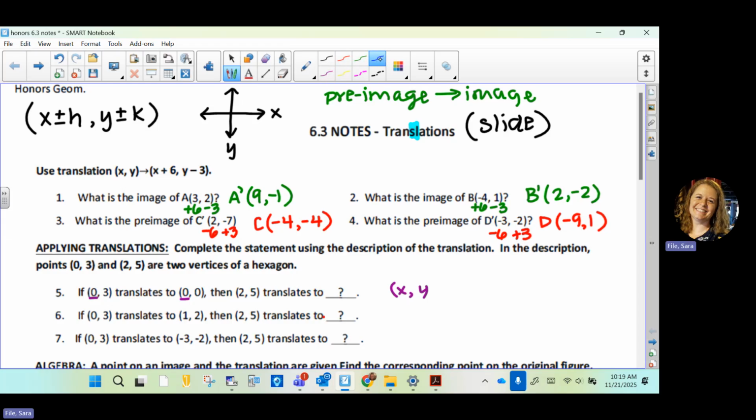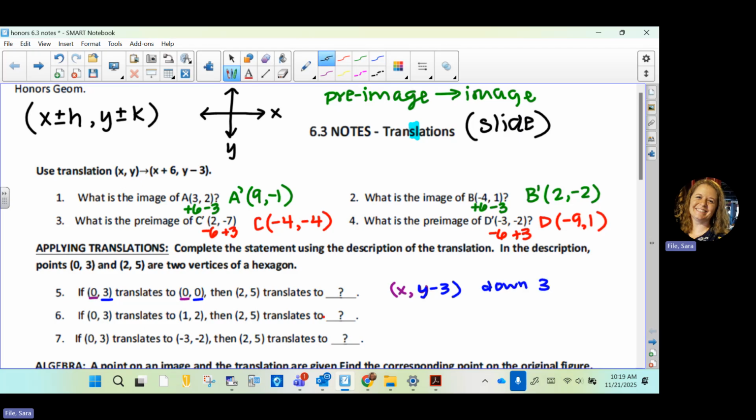But then the y changed from 3 to 0, so we subtracted 3 from the y. So that's the rule that was applied. If 0, 3 translates to 0, 0, that means it didn't go left or right any, it went down 3. So I'm going to describe that: went down 3.